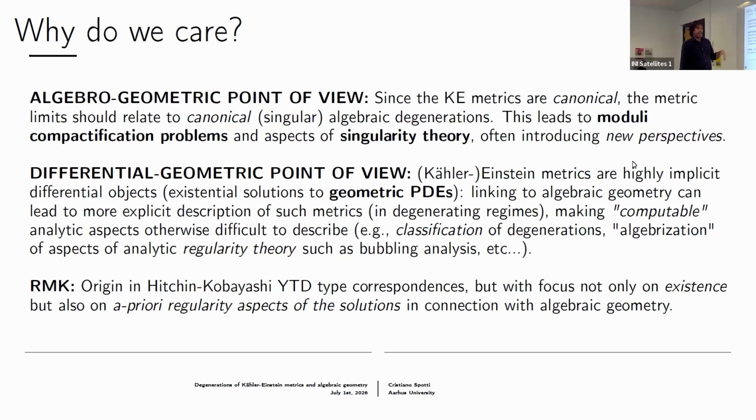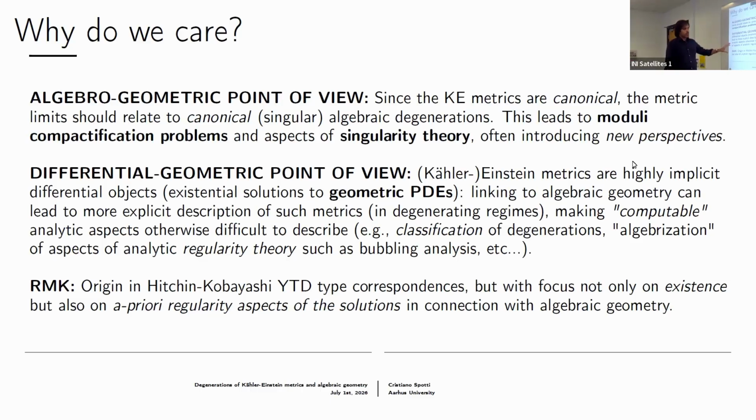If you have a more differential geometric focus, Kähler-Einstein metrics are an important class of general Einstein metrics. From an analytic point of view, this is a very difficult partial differential equation to study. The fact that you can create this link with algebraic geometry means that, at least in certain situations like this degenerate regime, you can hope to get some computability of properties of this geometric PDE, namely which kind of singularities they form, by relating to algebraic geometry, which is much more computable than abstract relationships.